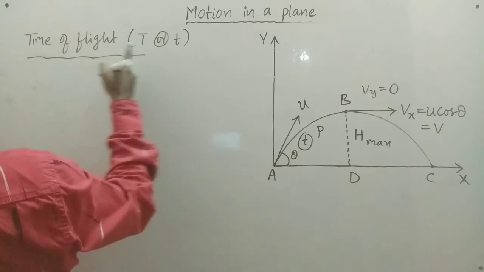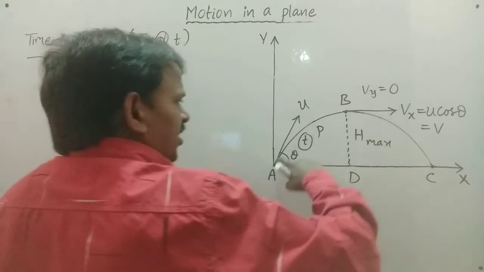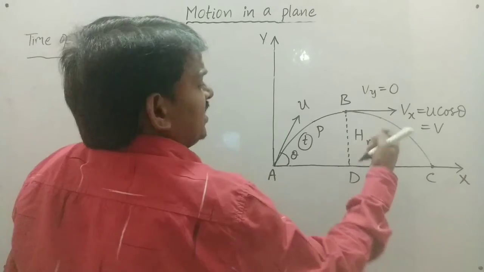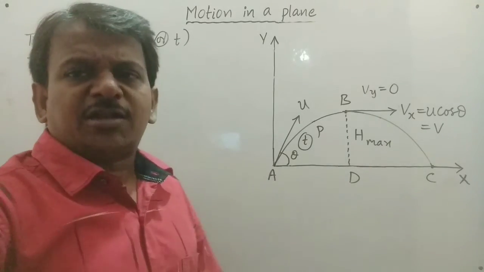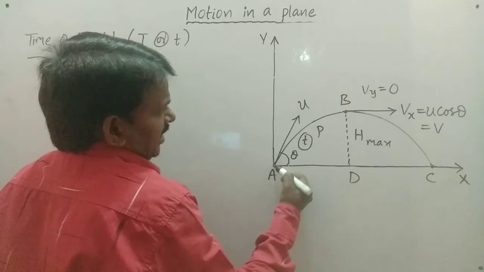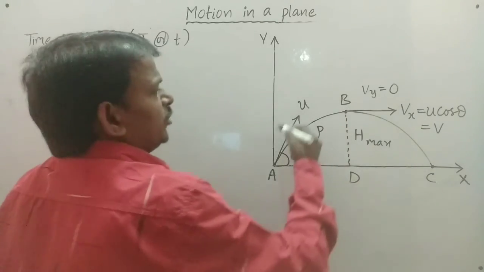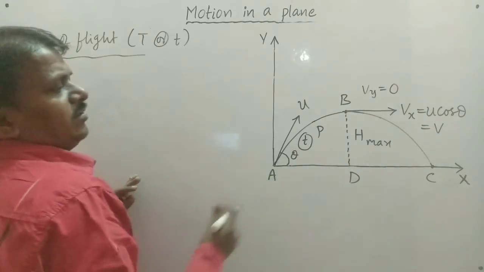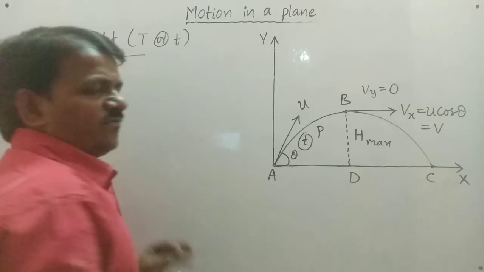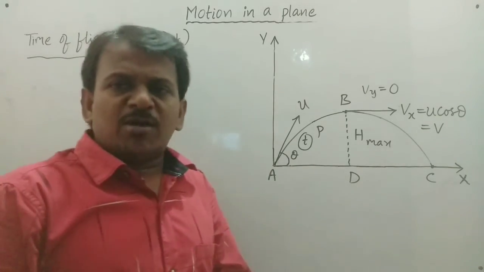The time taken by an oblique projectile to remain in the air is called time of flight. That is nothing but from A to B and B to C, the total time of the body, that is time of ascent plus time of descent. It is time of flight.